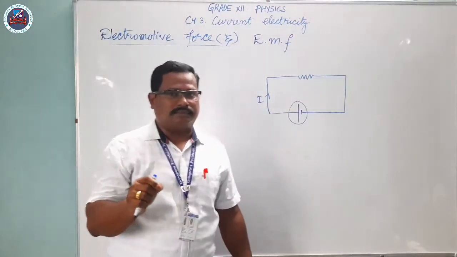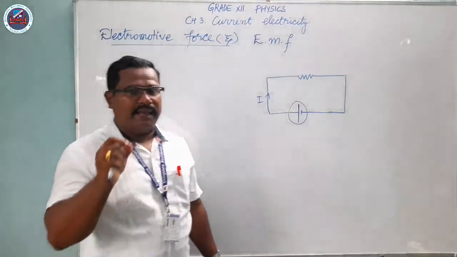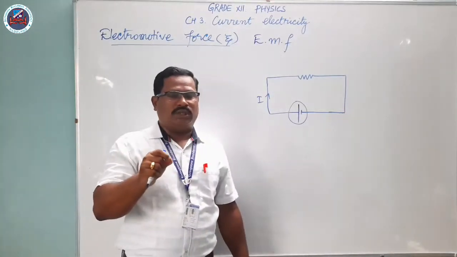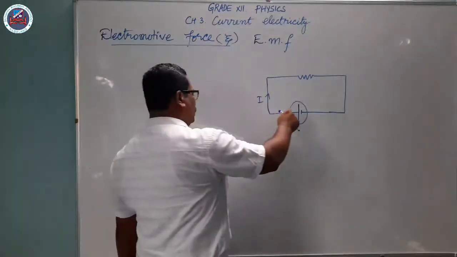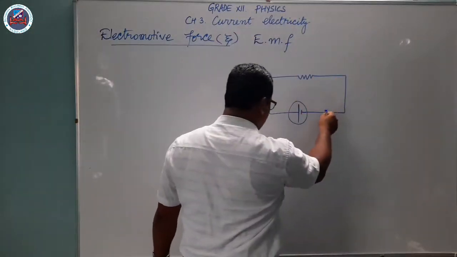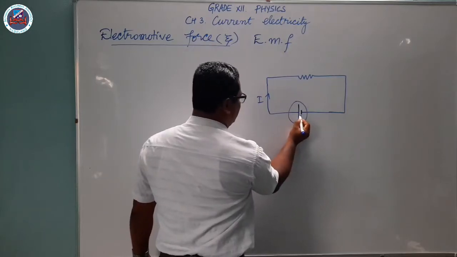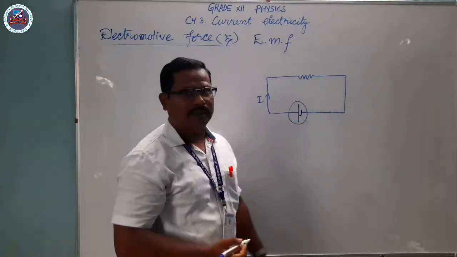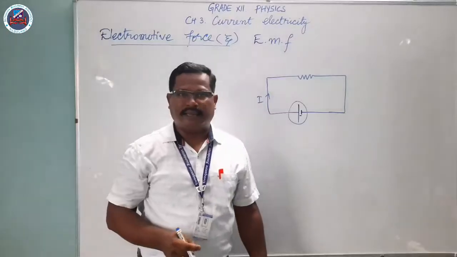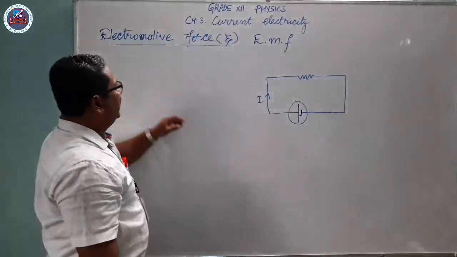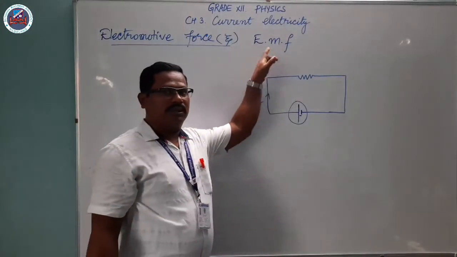This work done in moving a unit positive charge throughout the whole circuit, including the cell, inside the electrolyte of the cell as well, we call it EMF, or electromotive force.